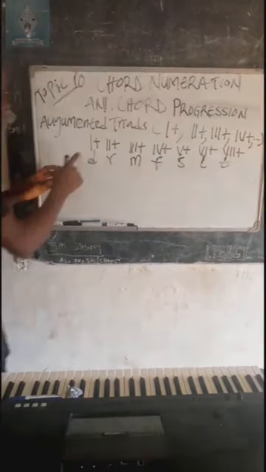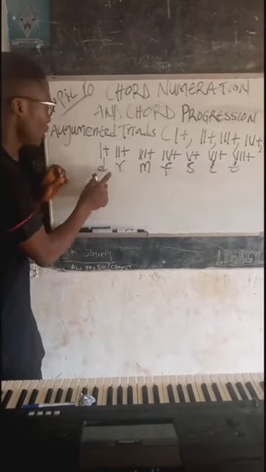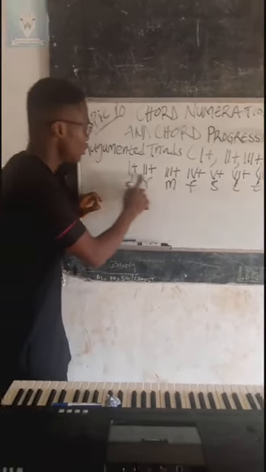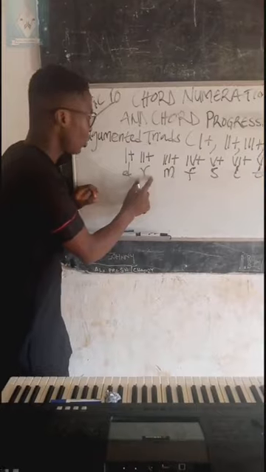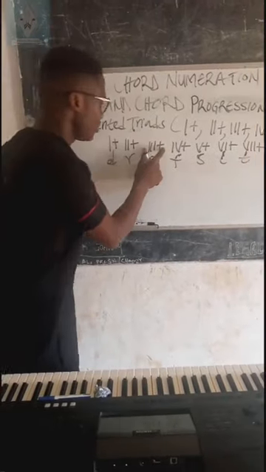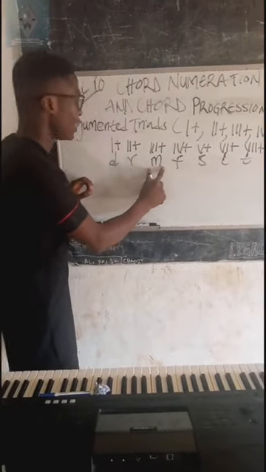So when you see this, you know that it's an augmented chord built on do. When you see this, you know that it's an augmented chord built on re as the root. If you see this, you know that it's an augmented chord built on mi as the root.